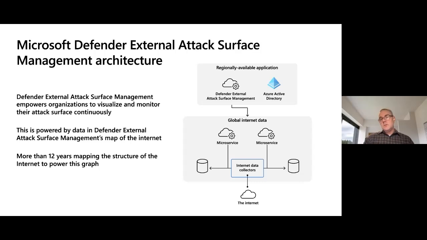But as we continuously map out this graph of the internet, we build upon that metadata over and over again. Appending to that record, we're now looking at more than 12 years of mapping the structure of the internet, so that we can even roll things back.